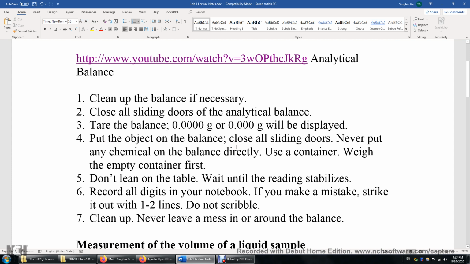Never put any chemical directly on the balance. Always use a container. In this lab, you can use the graduated cylinder as the container of your liquid sample, but make sure you weigh the clean and dry empty graduated cylinder first.